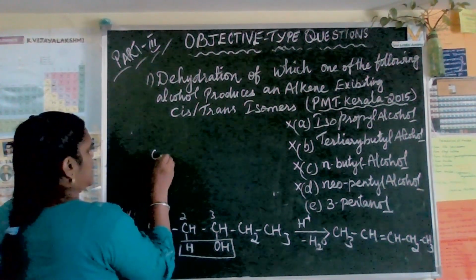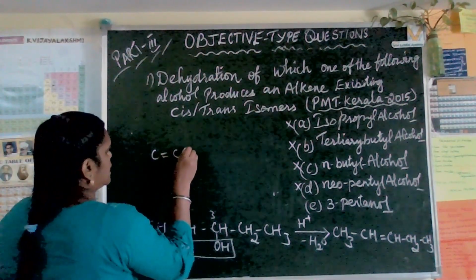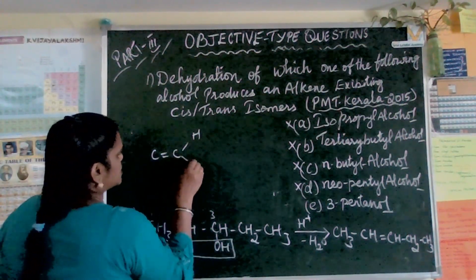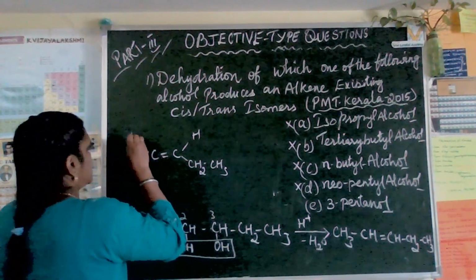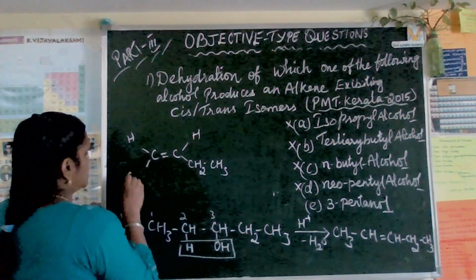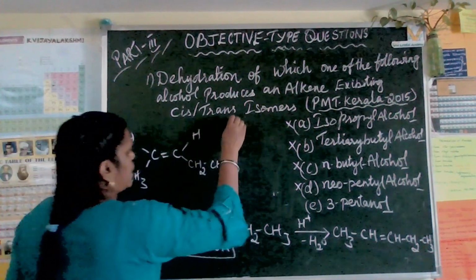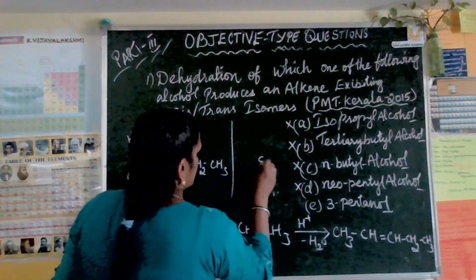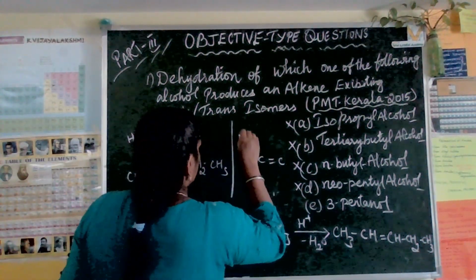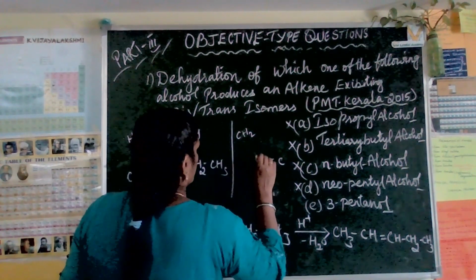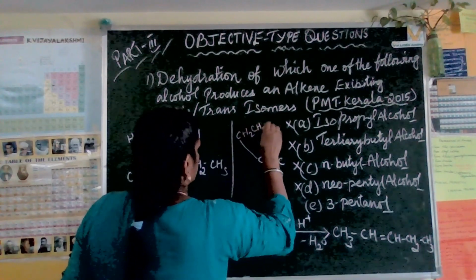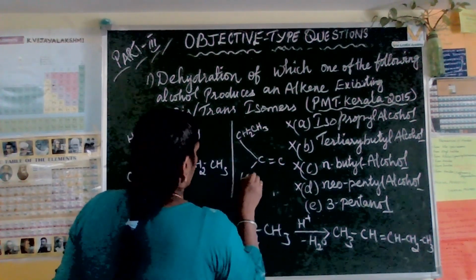C double bond C. See here, one side hydrogen, one side CH2, CH3, the other side hydrogen, the other side CH3. Now opposite side, C double bond C, here CH2, CH3, and here one hydrogen.